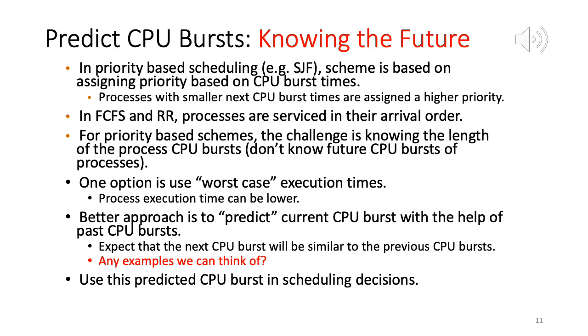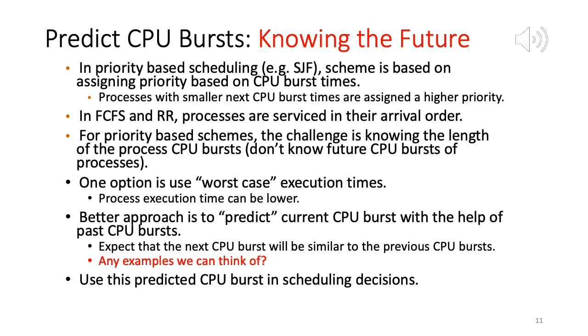So in that case, we are wasting resources. If you reserve 10 units and a process takes 7, then those 3 are wasted. They could have been given to some other process. So the problem is process execution time can be lower. The process can execute quicker.